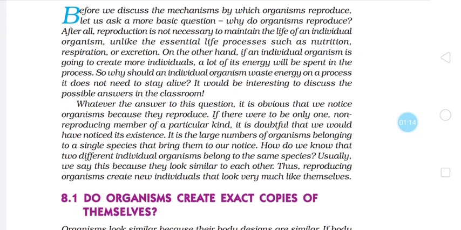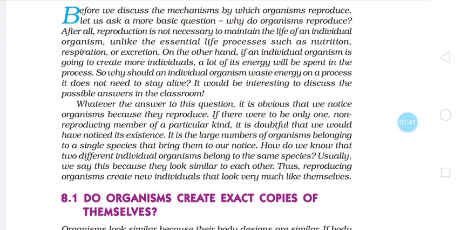Whatever the answer to this question, it is obvious that we notice organisms because they reproduce. If there were to be only one non-reproducing member of a particular kind, it is doubtful that we would have noticed its existence. It is the large number of organisms belonging to a single species that brings them to our notice.